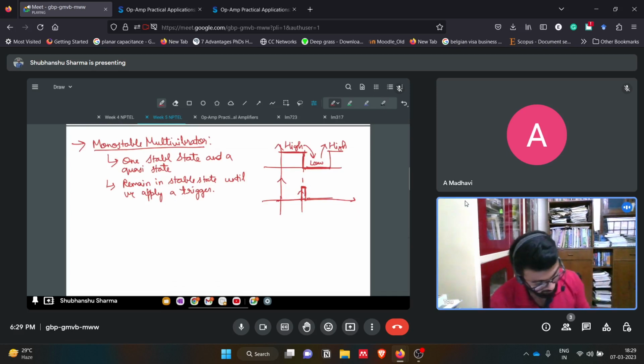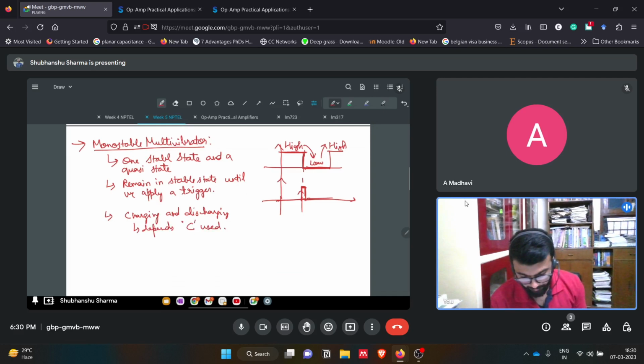So if we talk about its charging and discharging time, for this circuit it depends on the capacitor C used.